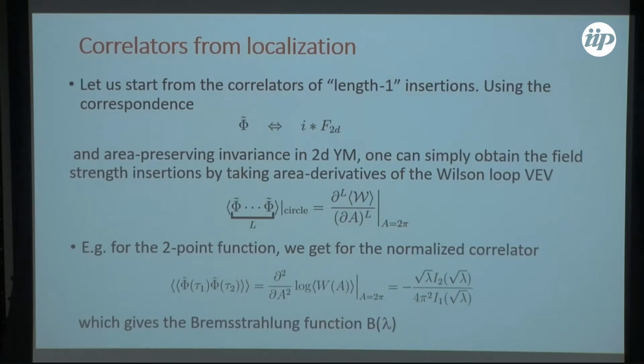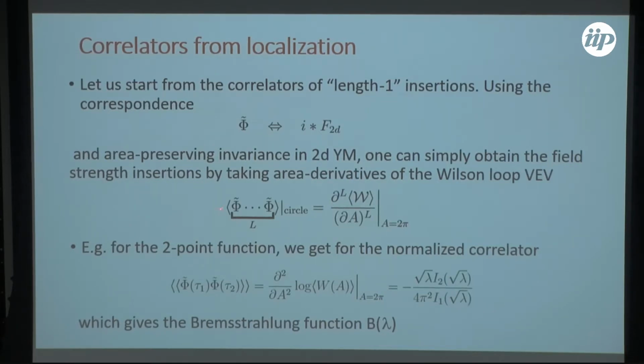Okay? So how do we actually do this from localization? I don't have time, I think, to discuss the whole construction, but so it's easy to understand what to do in the case of insertions of single powers of these fields, because they are mapped to the Yang-Mills field strength, and because of the area preserving invariance of 2D Yang-Mills, you can argue that insertions of 2D Yang-Mills field strength on the Wilson loop are related to derivatives with respect to area of the Wilson loop expectation value.